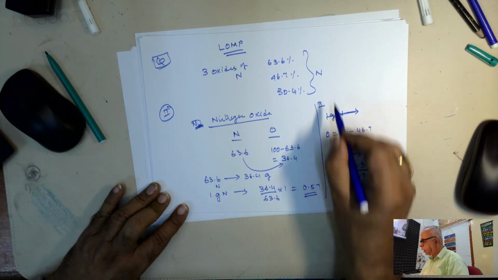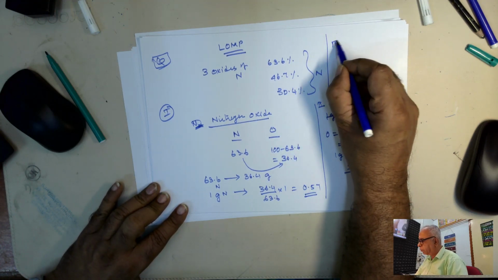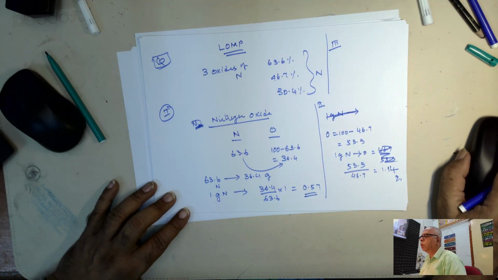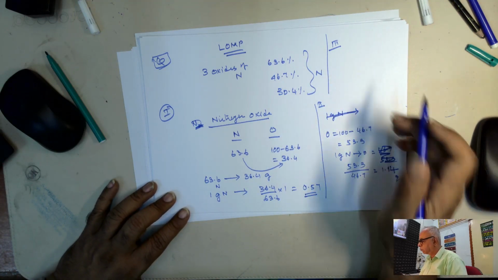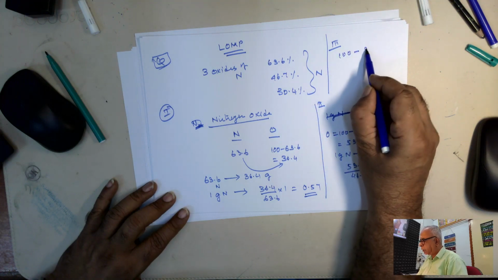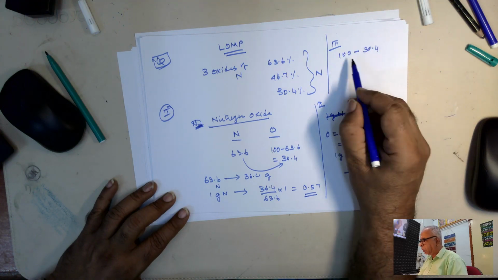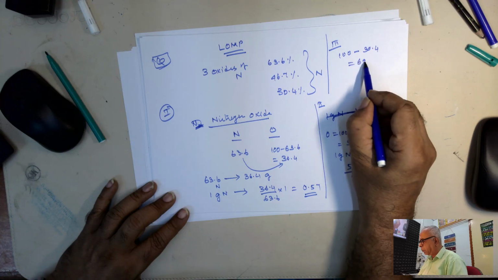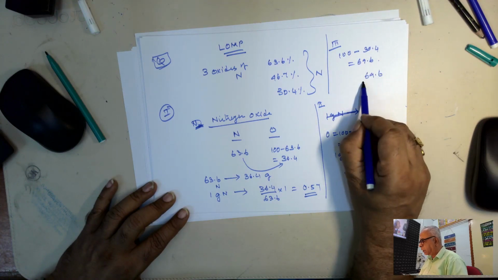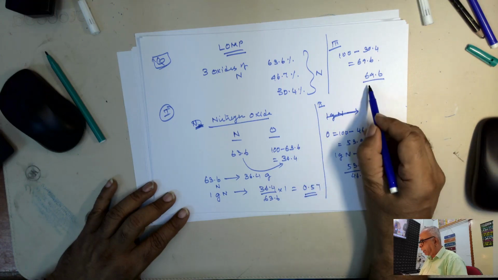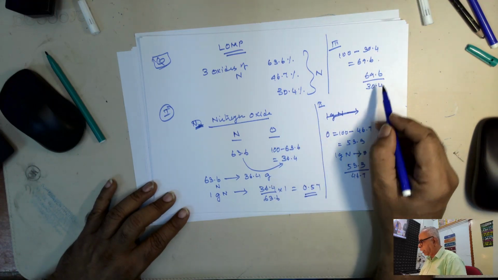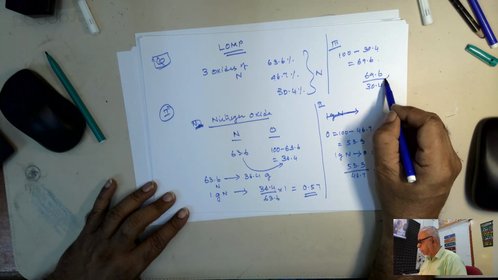And similarly, can you put the third case? 100 minus 30.4. How much? 69.6. So 69.6 oxygen is combined with 30.4 nitrogen.